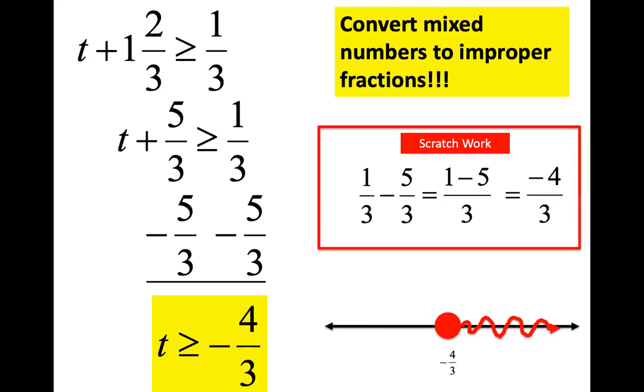Well, let's see if we can do this. -4/3 is between, I shouldn't say whole numbers, integers. -4/3 is between what two integers? -1 and -2. So -1 is over here, because -1 is really -3/3, and -2 is what, -6/3? Right? So it'll be somewhere over here. Now, if I could be more precise with better tick marks, but if you're ever asked to put whole numbers, that's what they want, or integers.